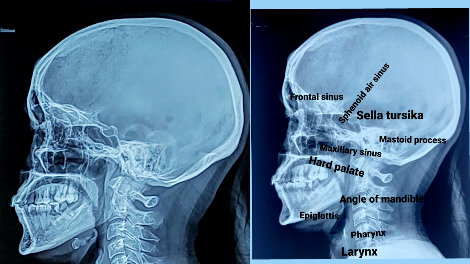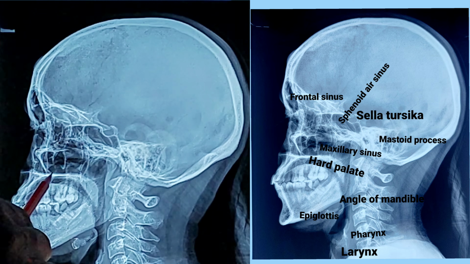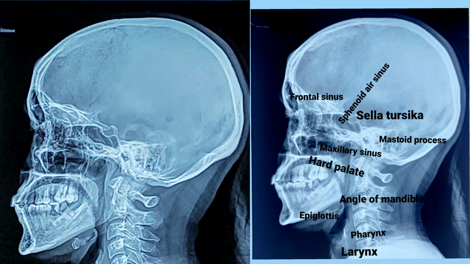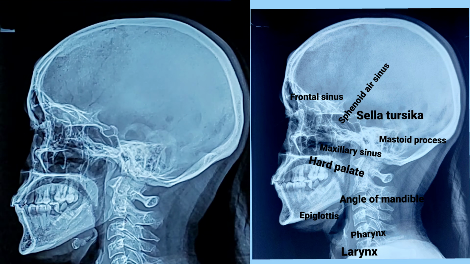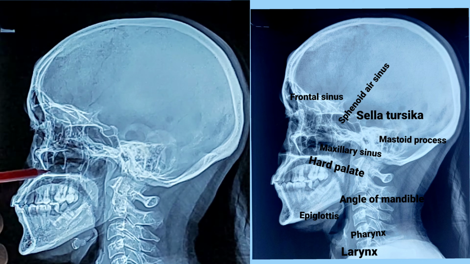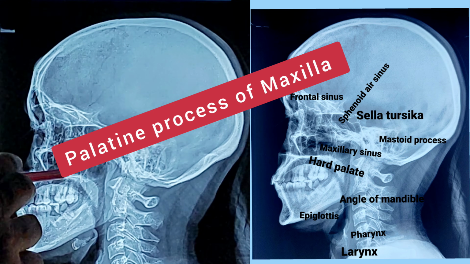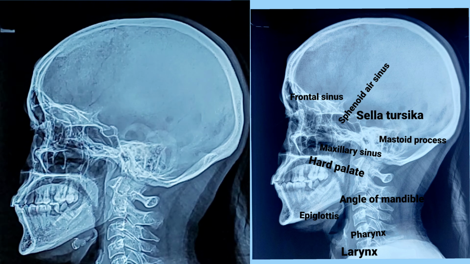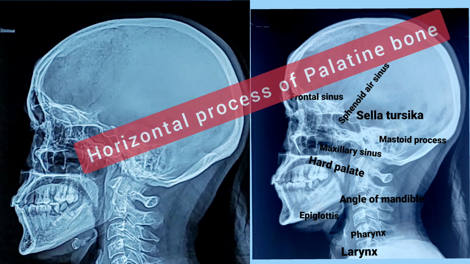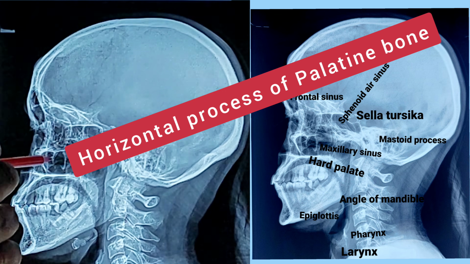And this radio-opaque area is the hard palate, this one, followed by this soft tissue here. It is the soft palate. How is the hard palate formed? The hard palate, this one, is formed by two bones. One is the maxilla and another one is the palatine bone. Anteriorly, the hard palate is formed by the palatine process of the maxilla of both sides, and posteriorly the hard palate is formed by the horizontal process of the palatine bone of both sides.